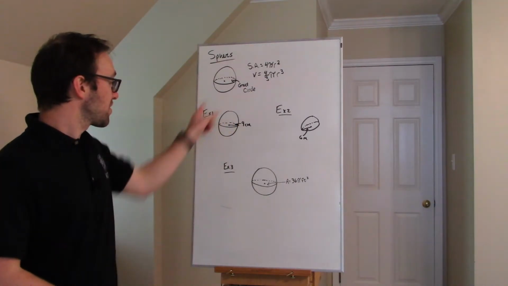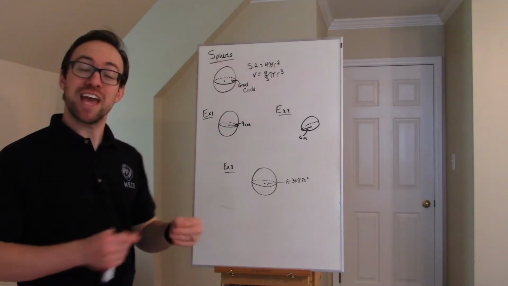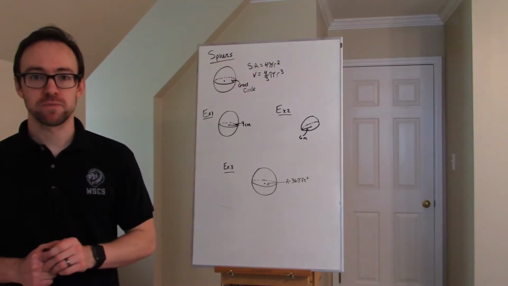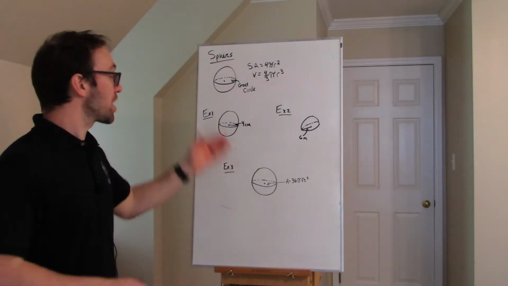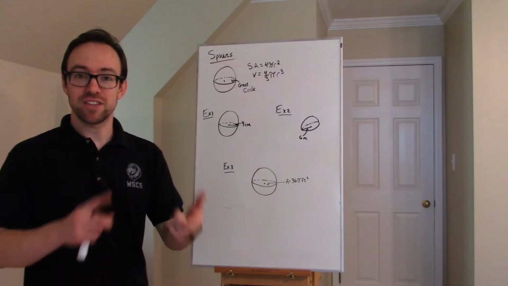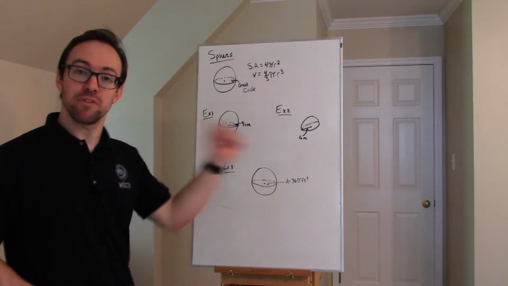Example 1. We have a sphere and we have a radius in the sphere of 9 centimeters. We would plug 9 into the radius spot for both of our formulas to get the surface area and then the volume of this sphere.